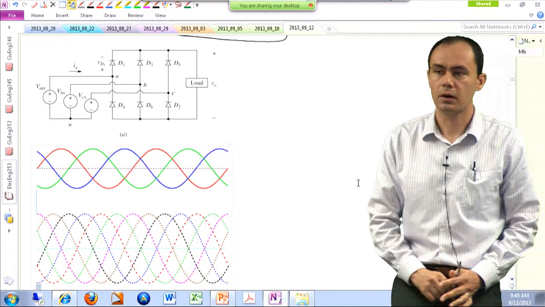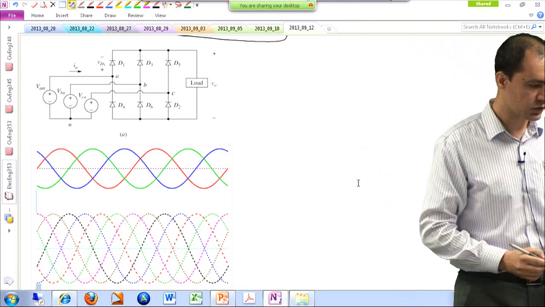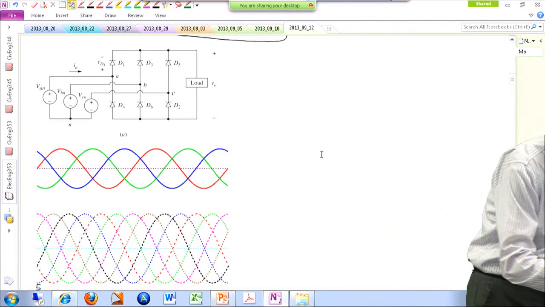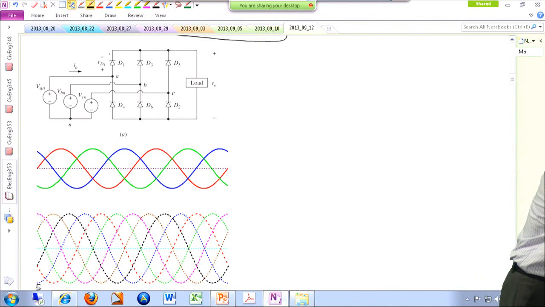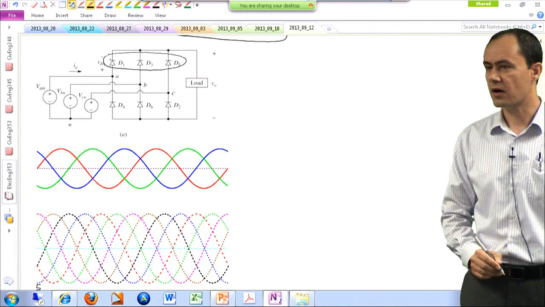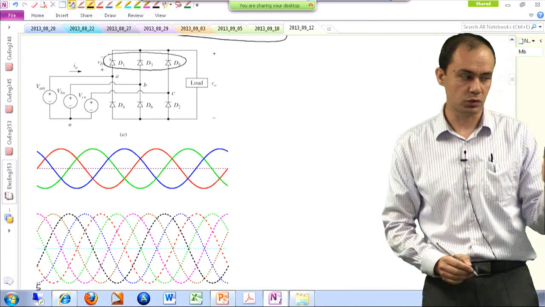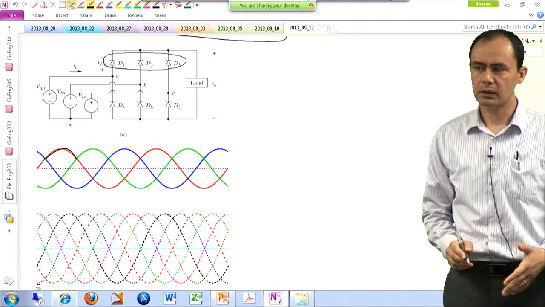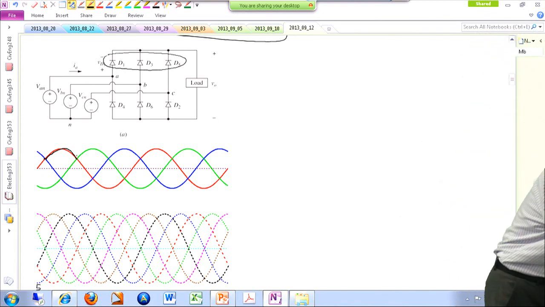Okay, all right. So let's observe these voltages and see which one is the largest one and then make a decision. As you can see, if I want to make a decision between D1, D3, and D5, I have to see which one of them is connected to the highest voltage. For instance, from here to here, VAN is the largest one. Remember, the red one is the VAN.